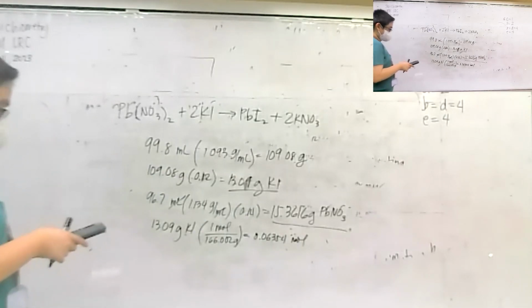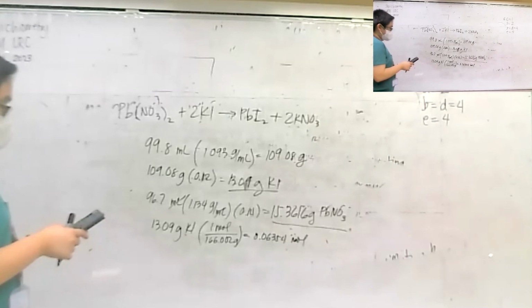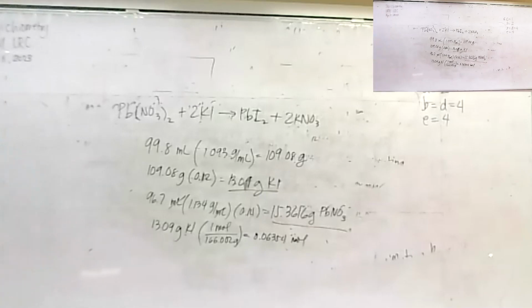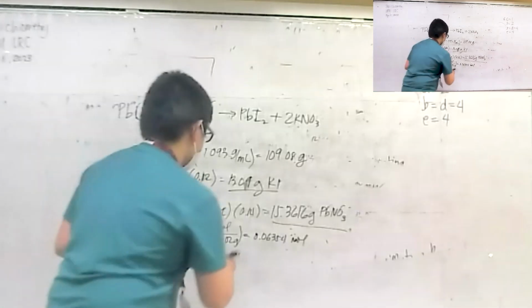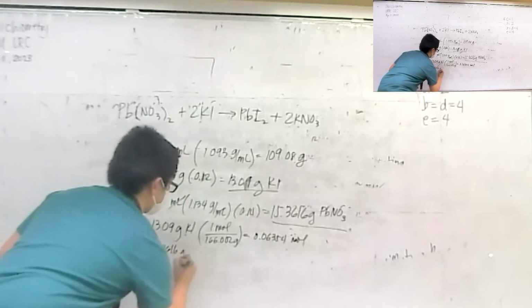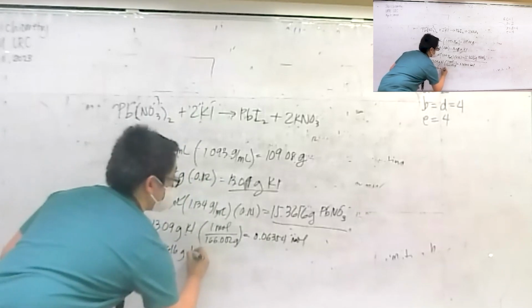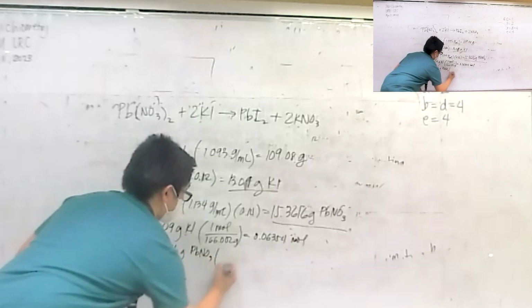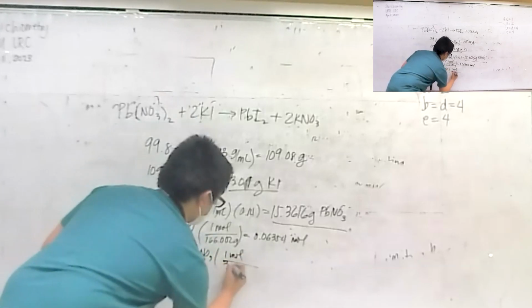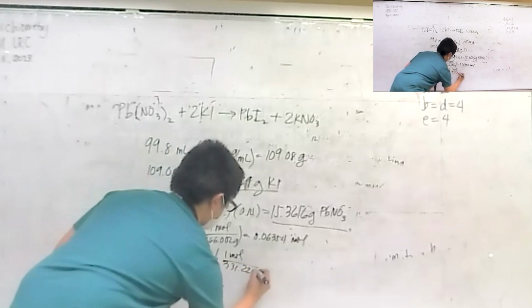Whereas yung PbNO3 naman, 17 times 1.134 and 0.14 all over, I think, 331.22. That gives you 15.3616 grams PbNO3 times 1 mole all over 331.22 grams.